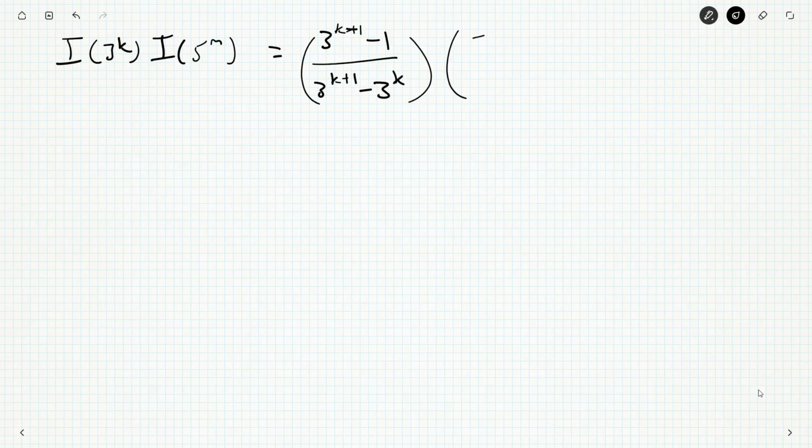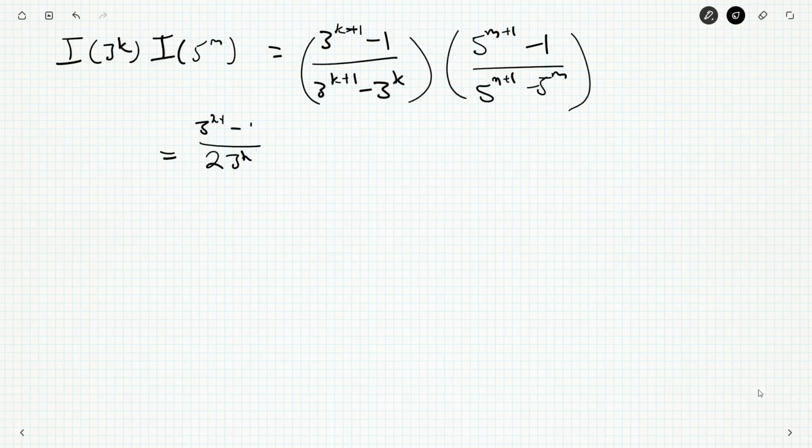We will do 5 to the m plus 1 minus 1 over 5 to the m plus 1 minus 5 to the m. But that's 2, 3 to the k on bottom, 3 to the k plus 1 minus 1 on top.